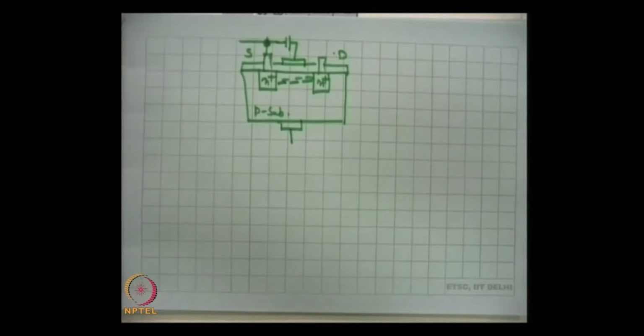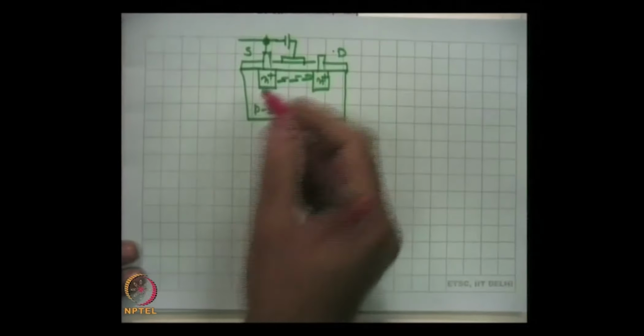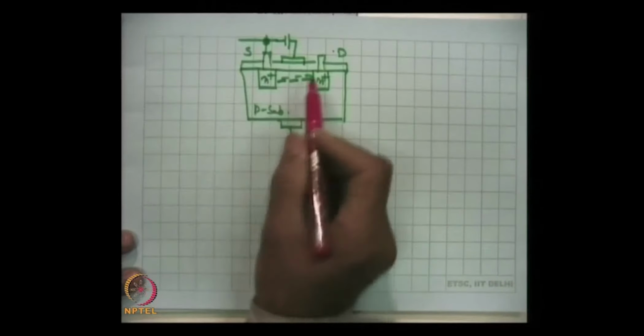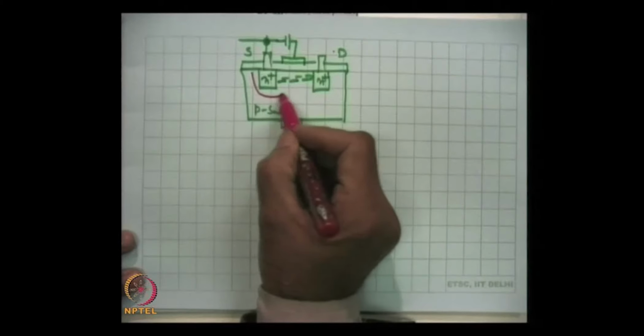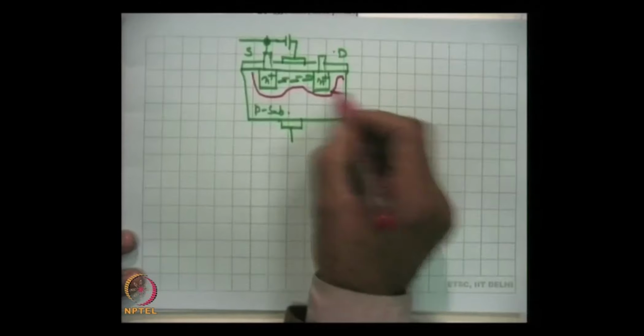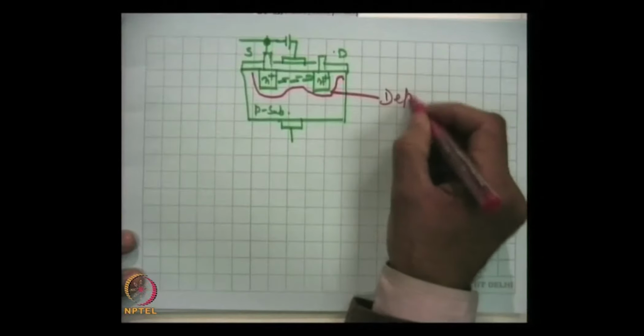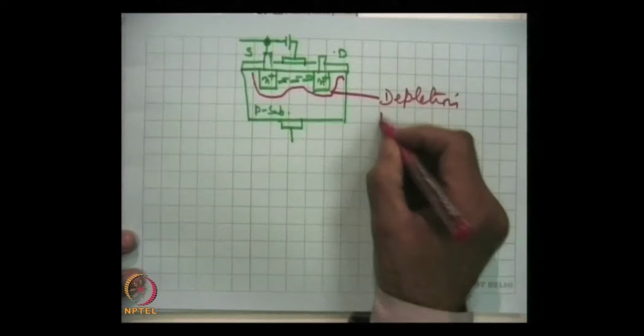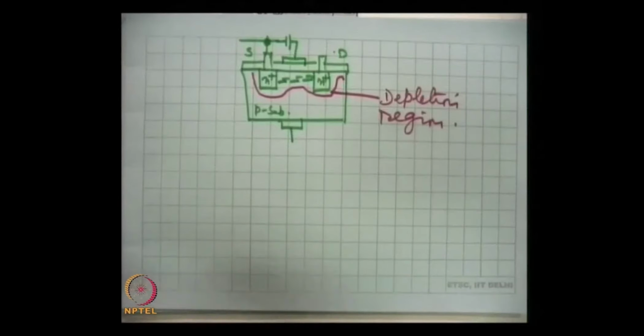So, there will be a depletion, a high resistivity region, that will separate the source and the electrode. That means here this is all the depletion region. Wherever N and P type semiconductors meet with structural continuity, a depletion region always occurs.